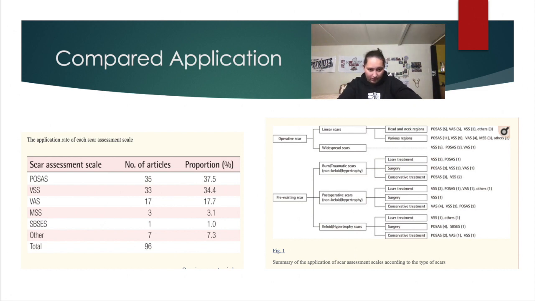But in here, at least, you can see that the POSAS, the Patient and Observer Scar Assessment Scale, is used in the highest proportion, at least, in cases or occurrences that have been written about or documented. And then the little flow chart on the right goes through when, why, and where the different types of assessment scales are used, and therefore when they're most applicable.